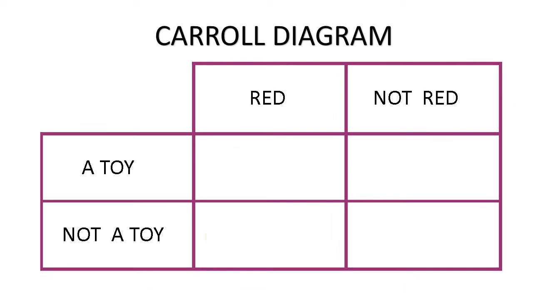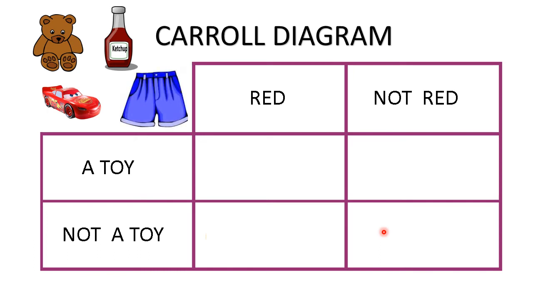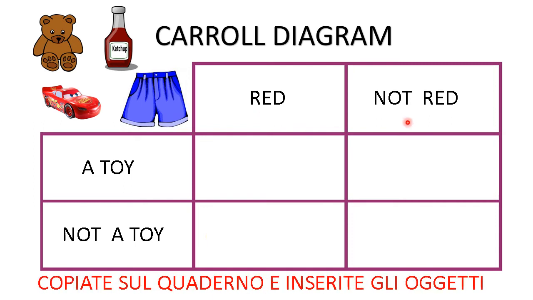Now, in your exercise books, copy this Carroll diagram. The column titles or rules are red for the first column, not red for the second column.